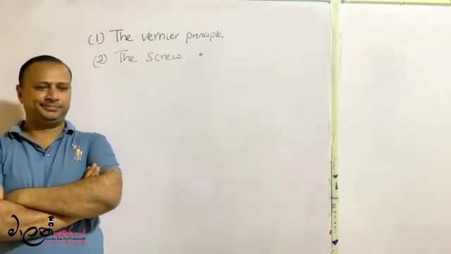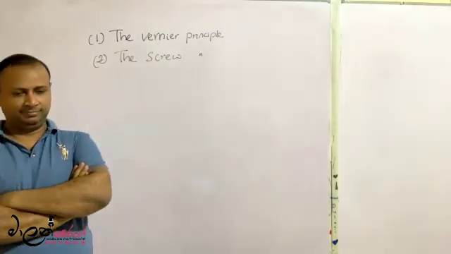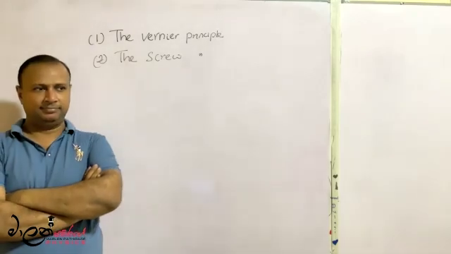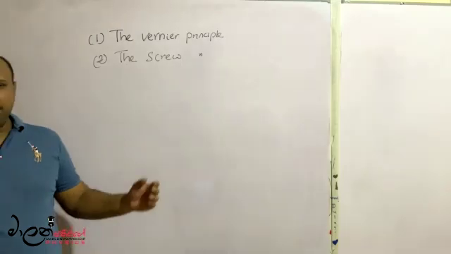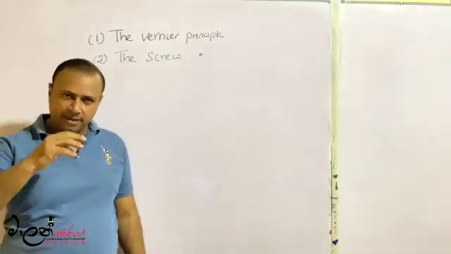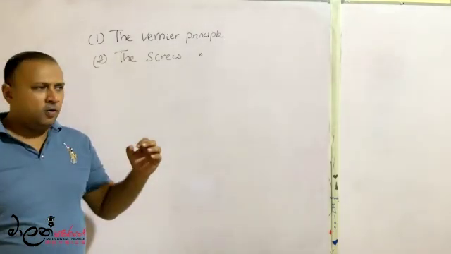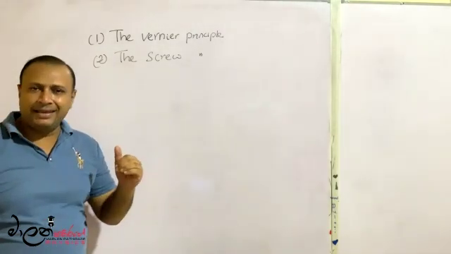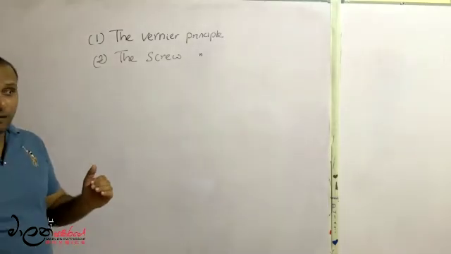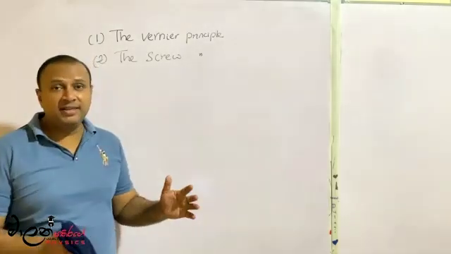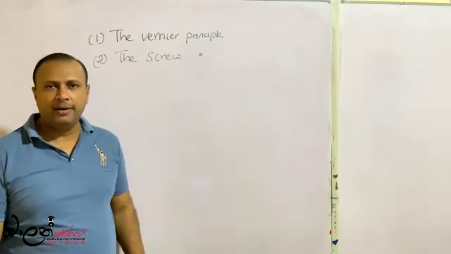Very good. Now we can build a logic with it. Now it is very clear that when you are taking a measurement or a reading, if the reading does not fit the instrument scale, then definitely there will be an error.